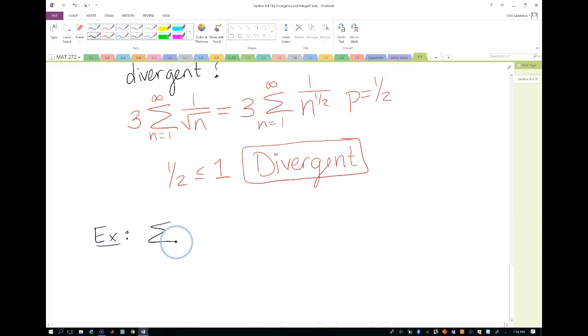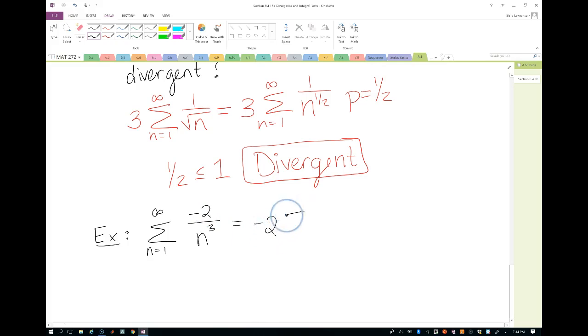What about the sum from 1 to infinity of -2 over n cubed? This is also a P-series. We have n in the denominator and n is raised to some numeric power. The -2 really doesn't matter.